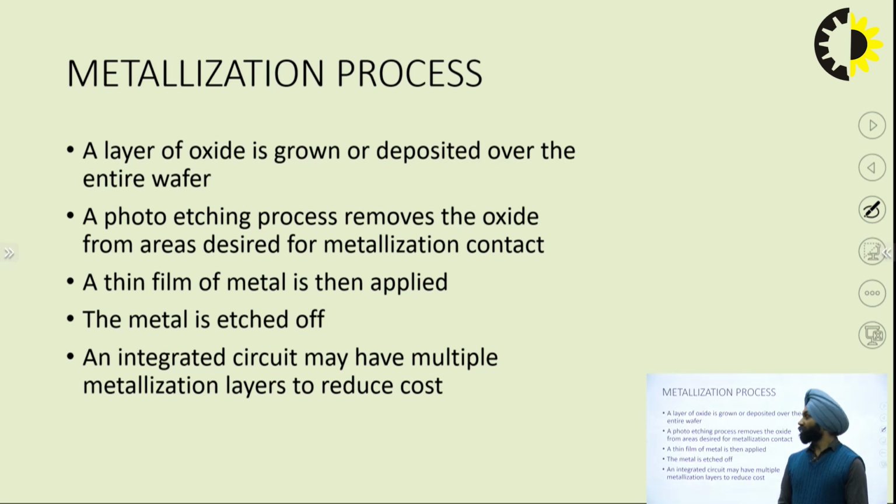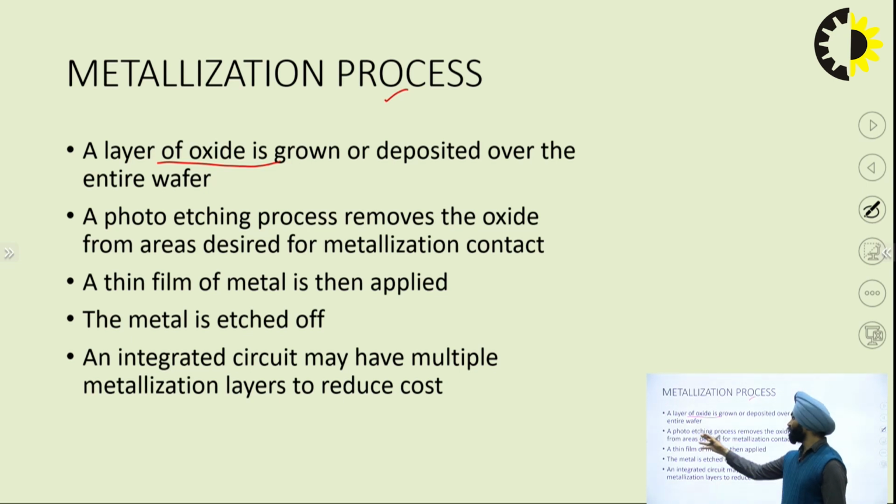If we discuss how metallization is done, first of all we have a device that has been prepared, and we overgrow some thin layer for the wiring of the metallization. In this process, a layer of oxide is grown over the epitaxial layer or the wafer over the entire piece where we have to grow the wiring.